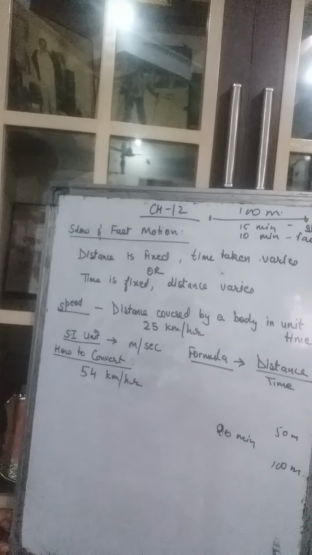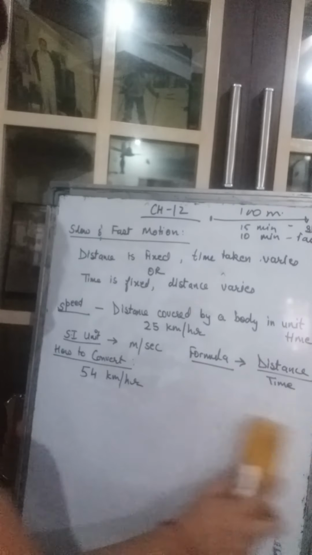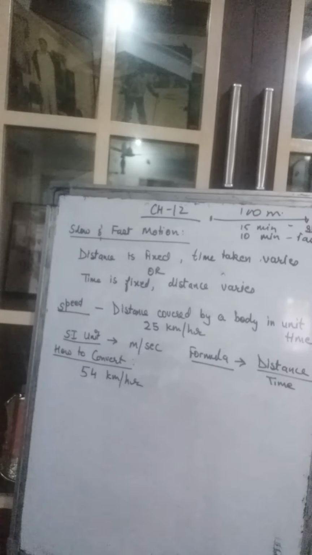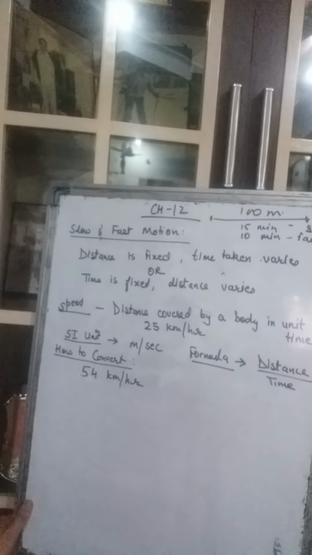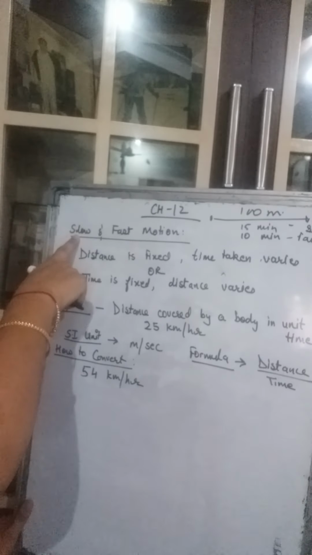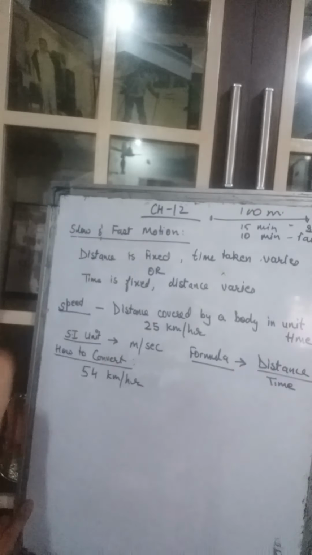So which one is faster? Again, the second vehicle is much faster than the first. This is how we can compare the speeds of two or many vehicles moving in slow or fast motion.